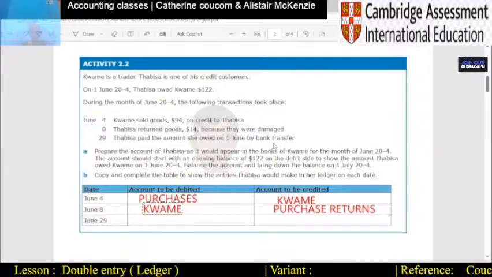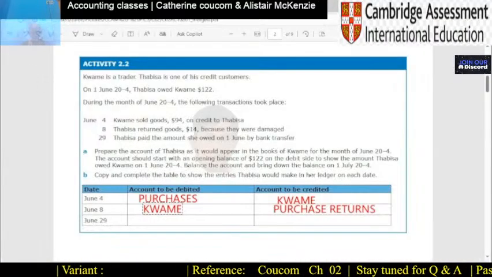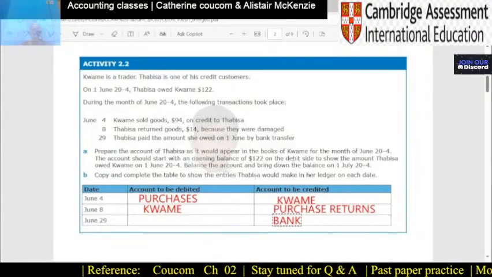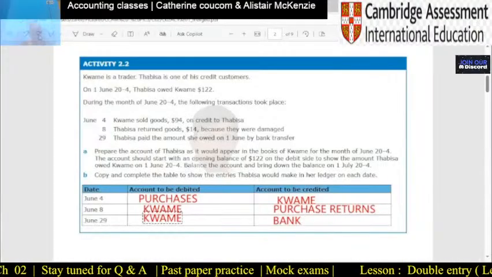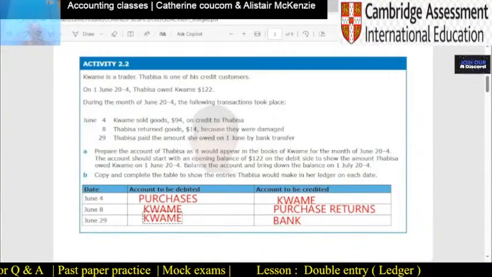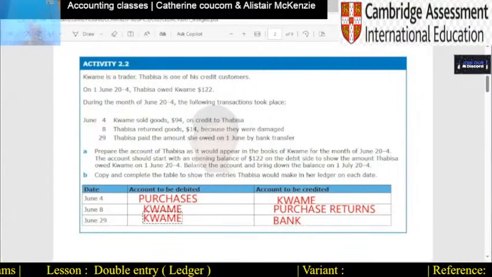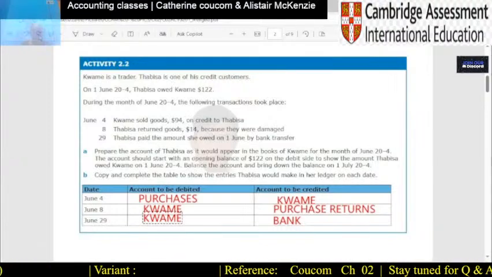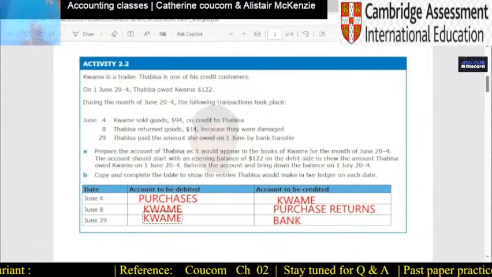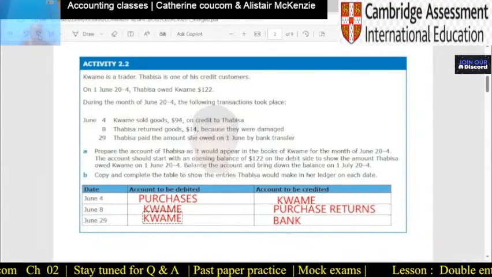Bank is giving and Kwame is receiving. Done. So this is done. That's it. So activity 2.2 is done.